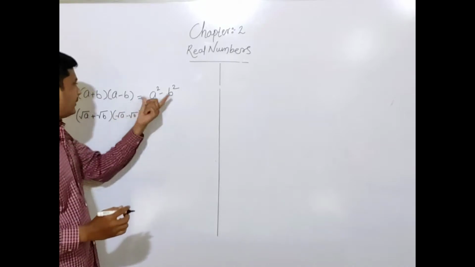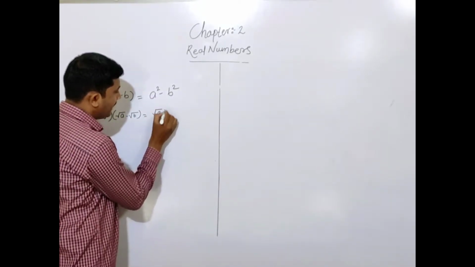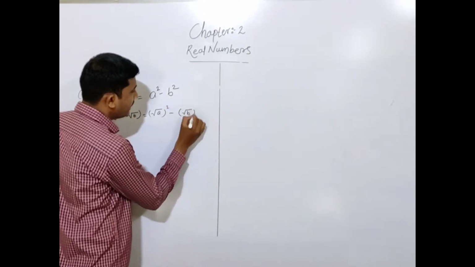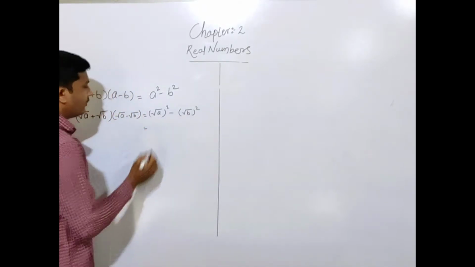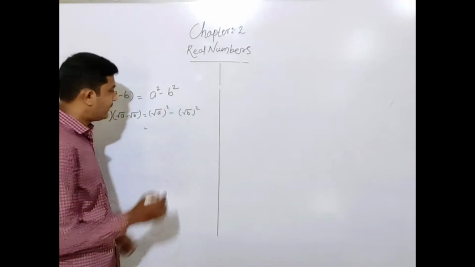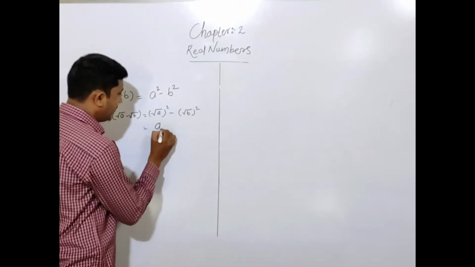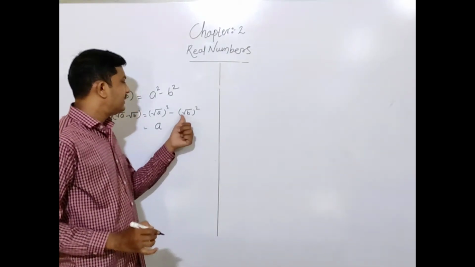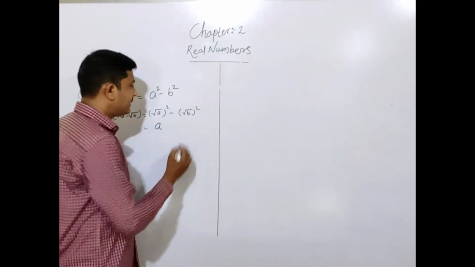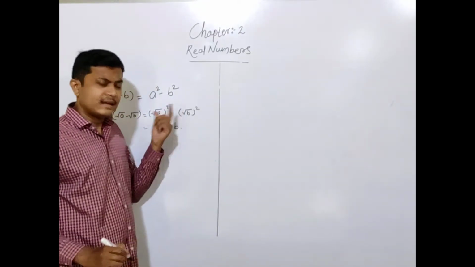By observing this, we get root of a squared minus root of b squared. Now the square of root of a is simply the radicand, that is a, and in the same way the square of root of b is simply b, and the minus sign stays as it is.